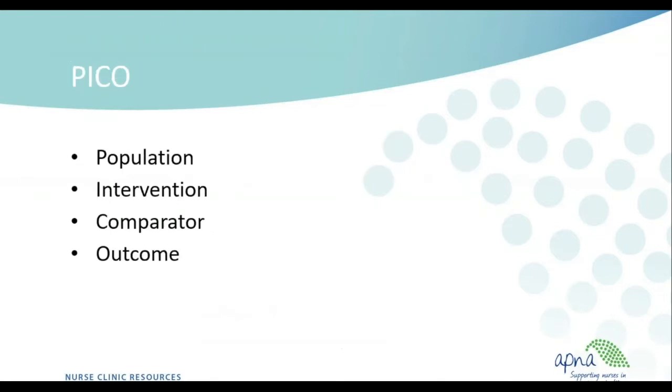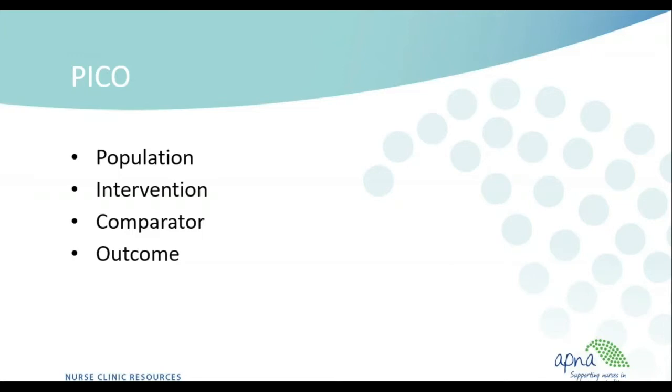So if we move on to the next slide, it talks about PICO. So you need to define who your population is, what you're going to do, what your comparator is, because if you're doing something and you don't know whether it's different to anything else, it's hard to measure. So the comparator could be what was happening in the clinic before your service and afterwards.